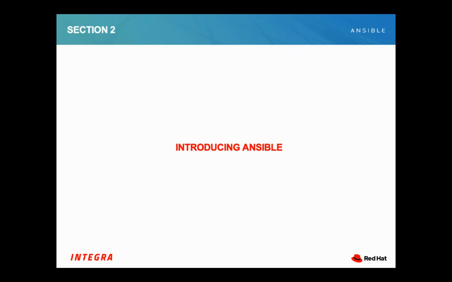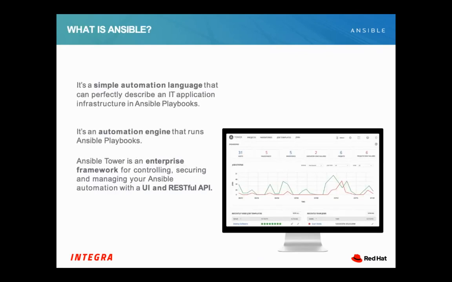Okay, so let's start with Ansible. Ansible is a simple agentless task automation engine. All the tasks which we want to automate are grouped together into what are called plays, and these plays are configured inside a file called a playbook.